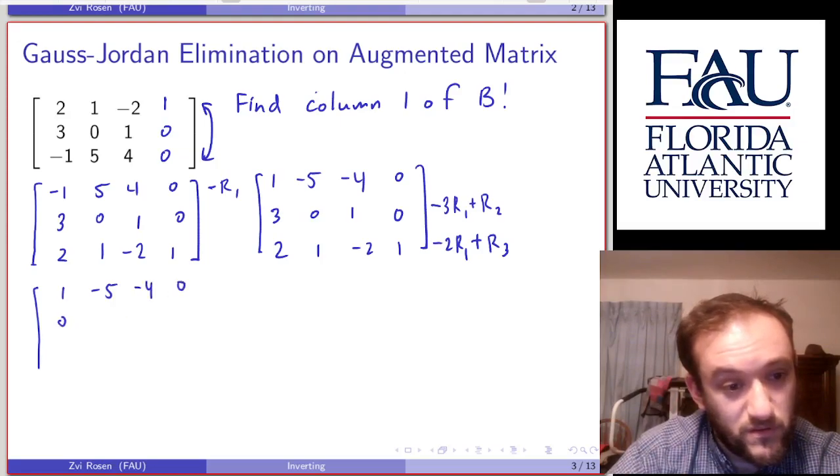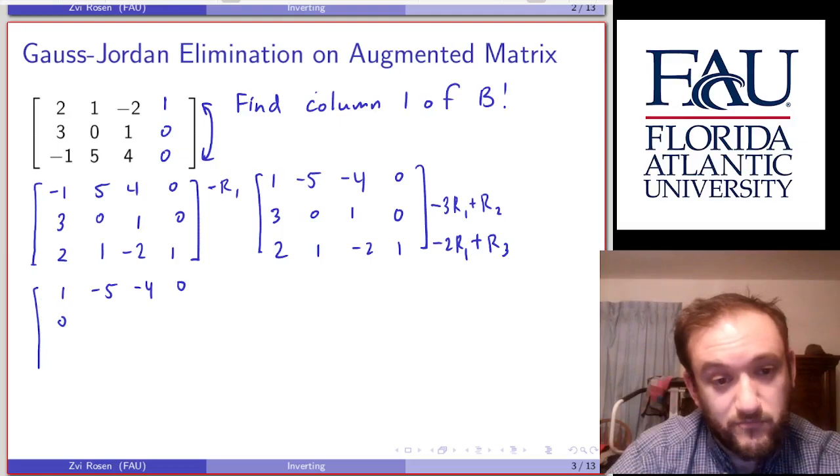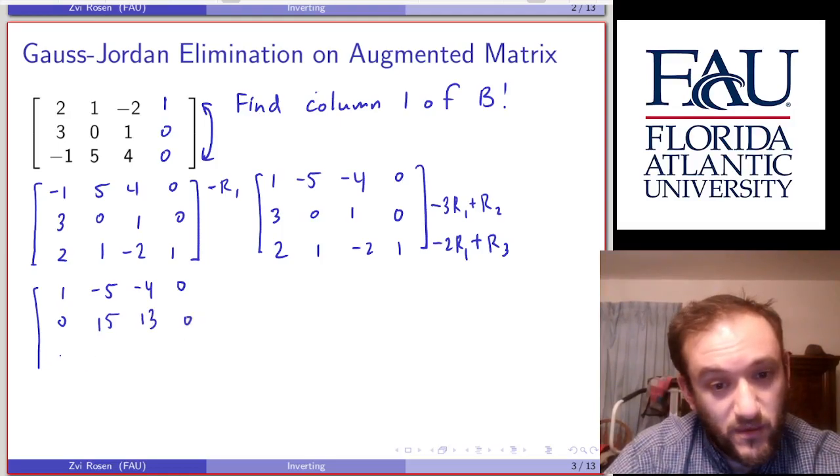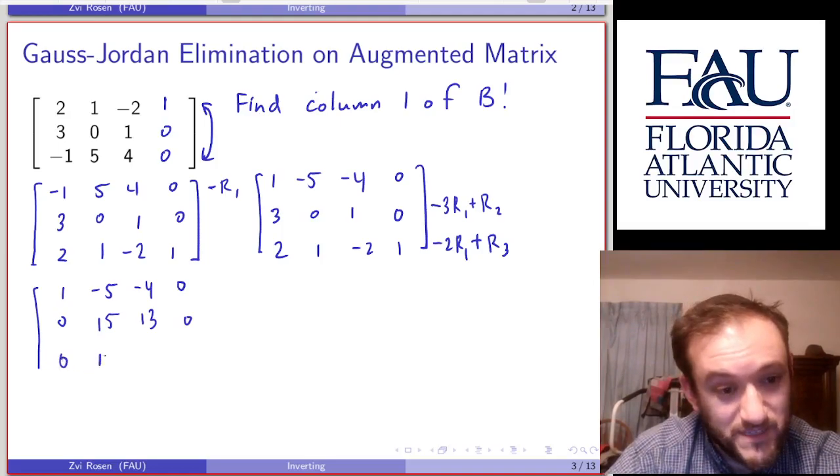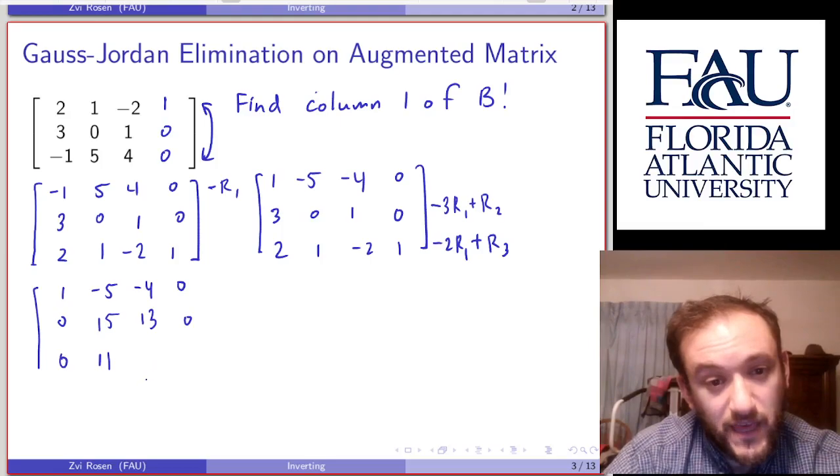Second row gets -3 plus 3 is 0. -3 times -5 is 15, plus 0 is 15. -3 times -4 is positive 12, plus 1 is 13. And we have 0 in the final column. And then -2 plus 2 is 0. 10 plus 1 is 11. 8 minus 2 is 6. And 0 plus 1 is 1.